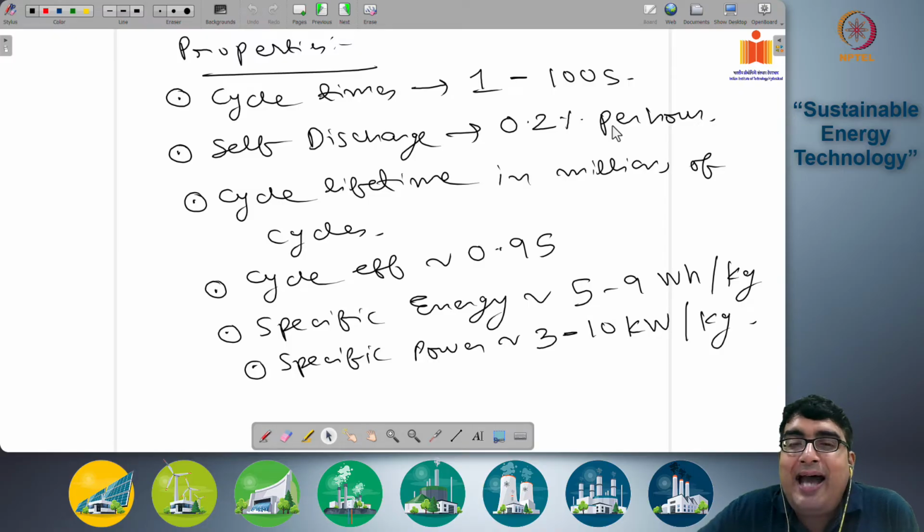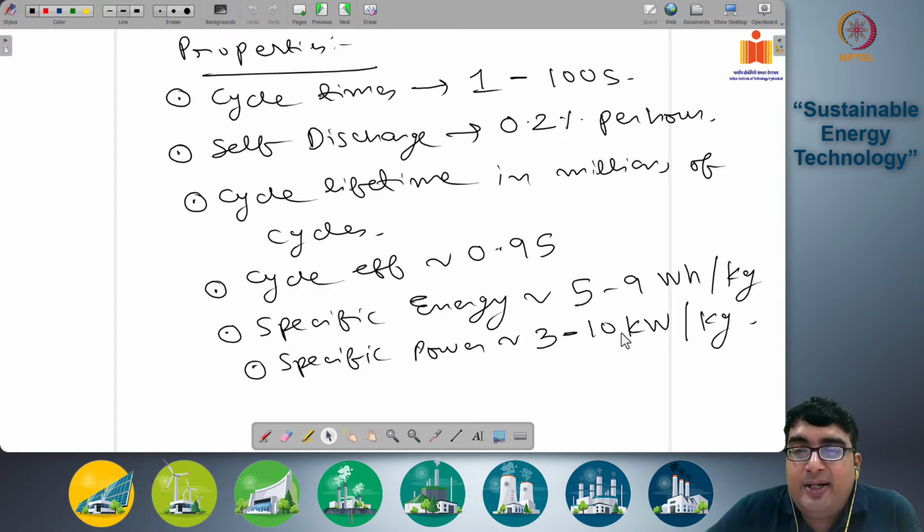Okay. And the cycle lifetime once again is in millions of cycles. So these are extremely stable capacitors. It can withstand millions of cycles before the capacitor property decreases enough that it has to be thrown away. The cycle efficiency is around 0.95, so again very highly efficient.